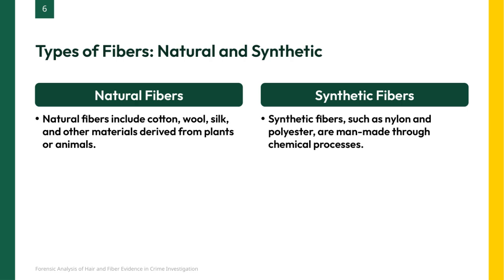On the other hand, synthetic fibers are created through chemical processes in a lab. Common examples include nylon and polyester. These man-made fibers often offer durability and resistance to wrinkles and shrinking, making them popular for a variety of applications. Understanding the difference between these fiber types helps us appreciate the unique qualities they bring to fabric production.